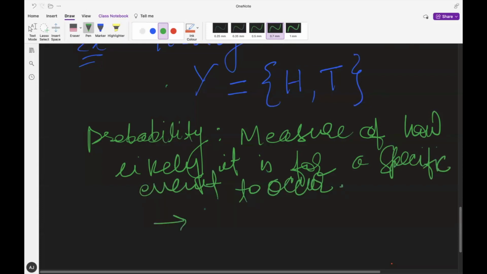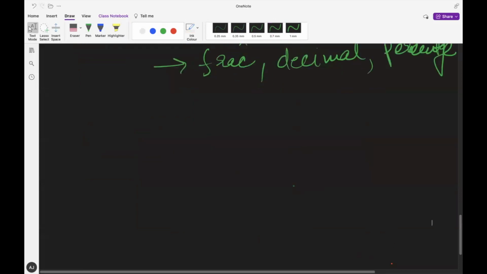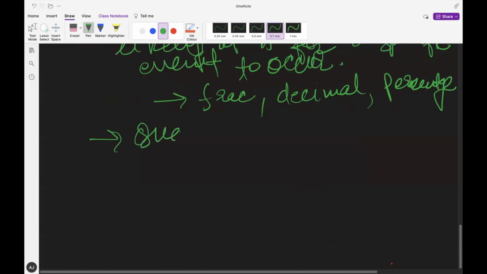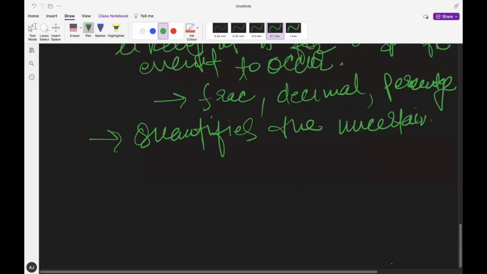It is often represented as a fraction, decimal, or percentage. It quantifies the uncertainty of an outcome. So probability basically quantifies the uncertainty of an outcome.